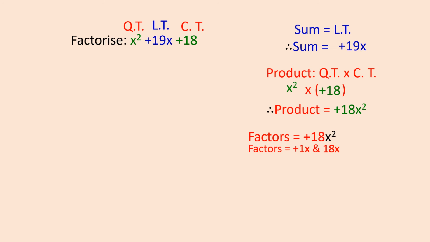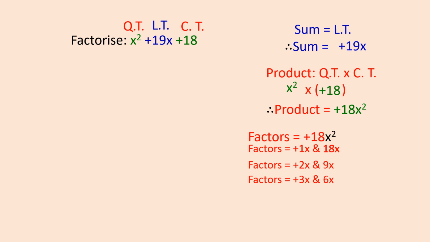If you want, you need not write x along with 1 and 18, no problem, because it is understood that both terms have x. Second, we have 2x and 9x. We find all the possible factors: 1 into 18, 2 into 9, then 3 into 6. No other factors exist. So 1x into 18x, 2x into 9x and 3x into 6x. These three are the factors.